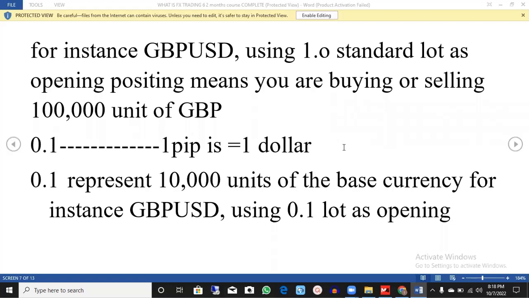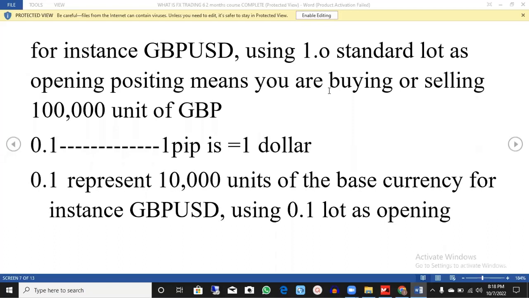All right, 80 million. Yes, 100,000 times 800. The representation will be 80 million. So you're telling the broker to buy you GBP worth 80 million naira. So you now ask yourself, do you have 80 million naira in your trade account, if you're from Nigeria?